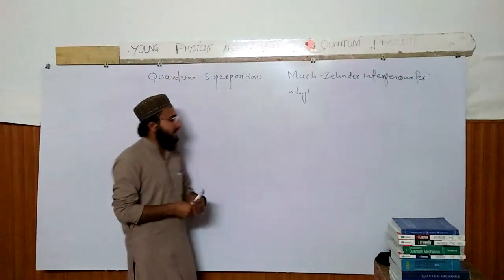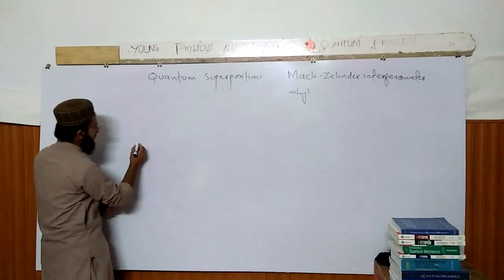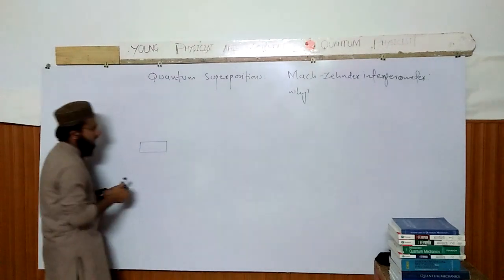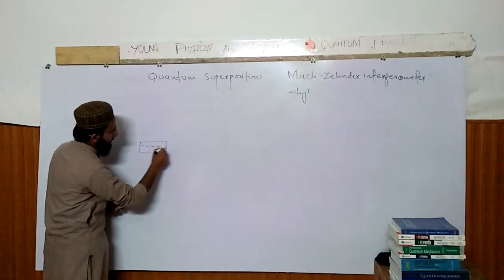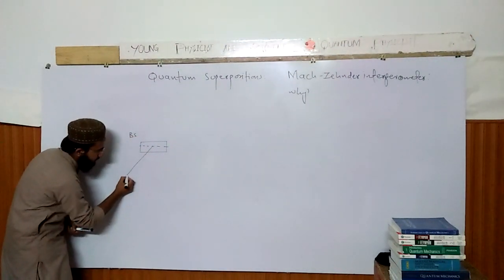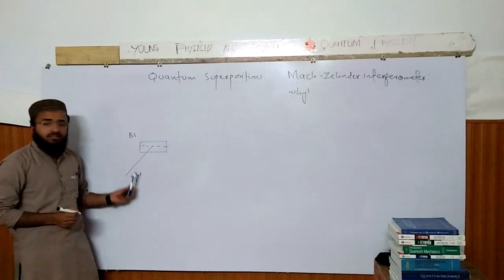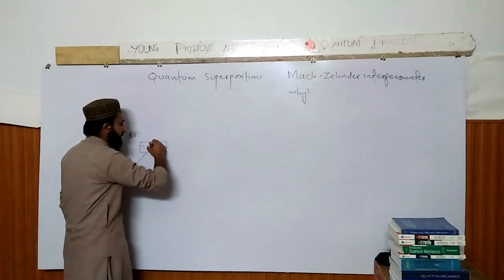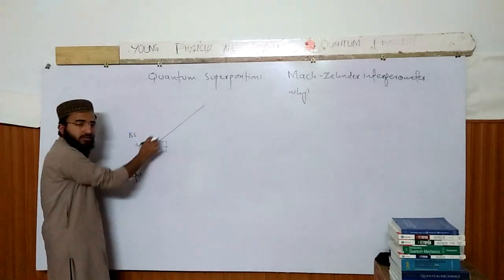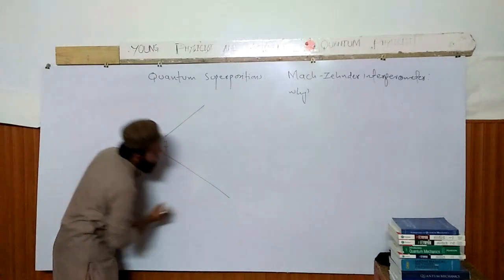So let's make a start with the sketch of that experiment. We have the beam splitter here. The function of the beam splitter is that when you give the input, some part of the input is transmitted through this beam splitter, and some is reflected.